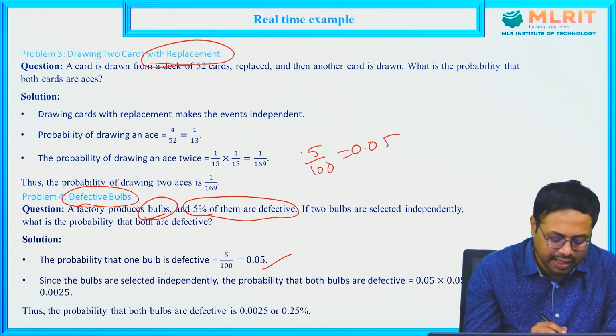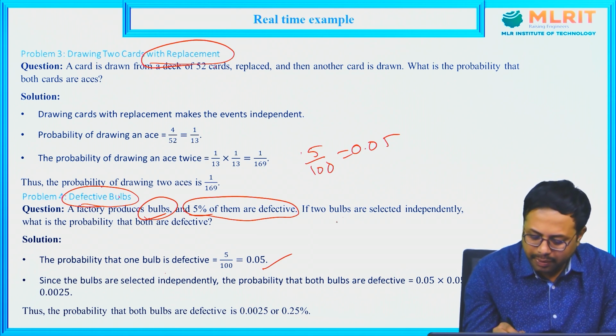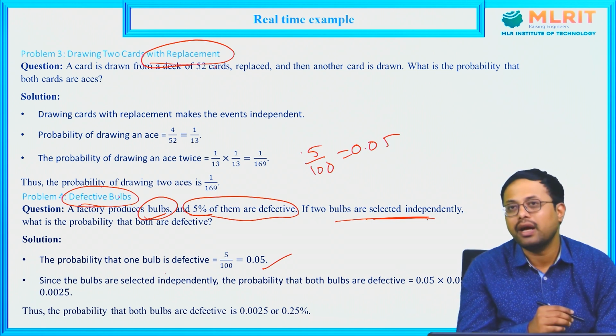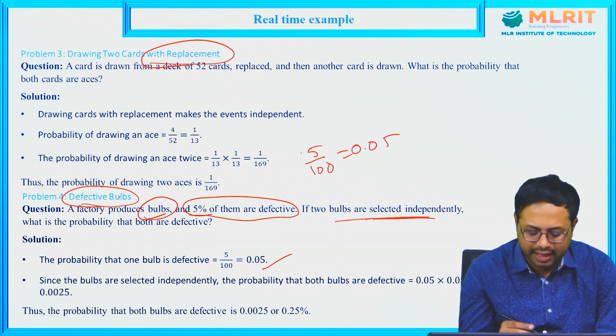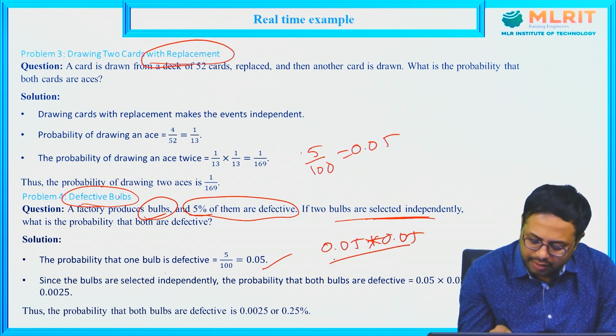Since the bulbs are selected independently, as given in the question, one is not depending upon another. Means the same thing is repeated, like replacement: 0.05 into 0.05, that is 0.0025, which is 0.25 percent.